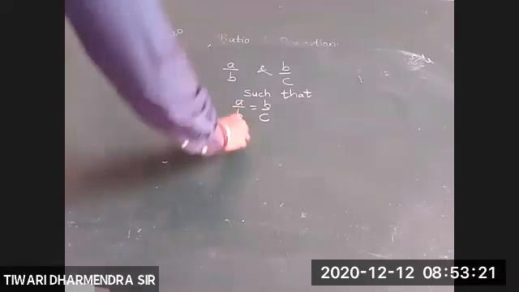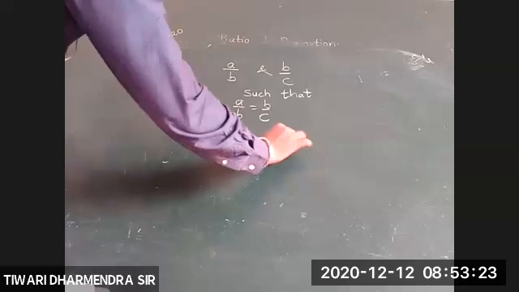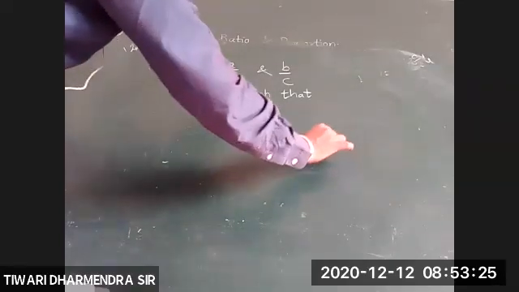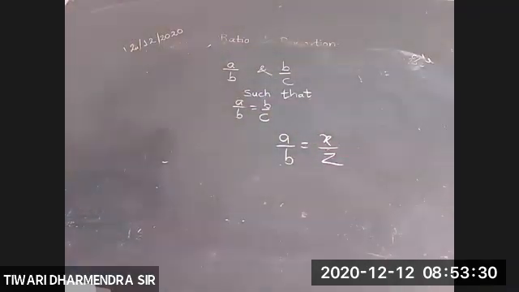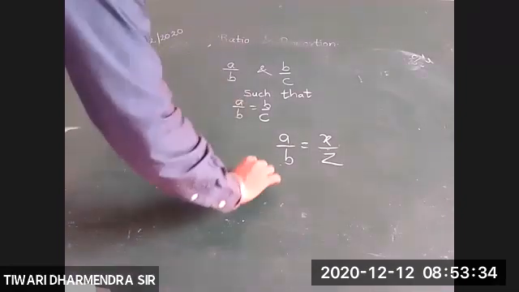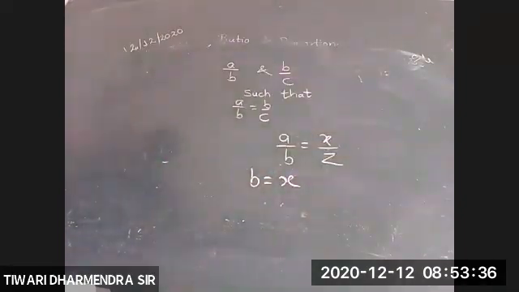If we are having two different ratios, say A by B is equal to X by Z, they are said to be in continued proportion only if B is equal to X. Hope you understood.